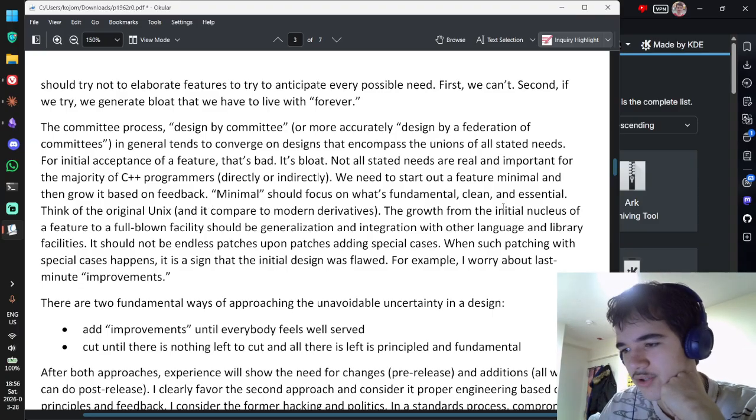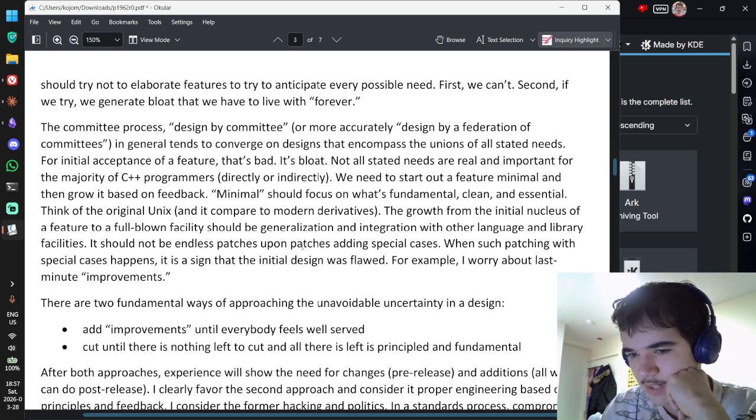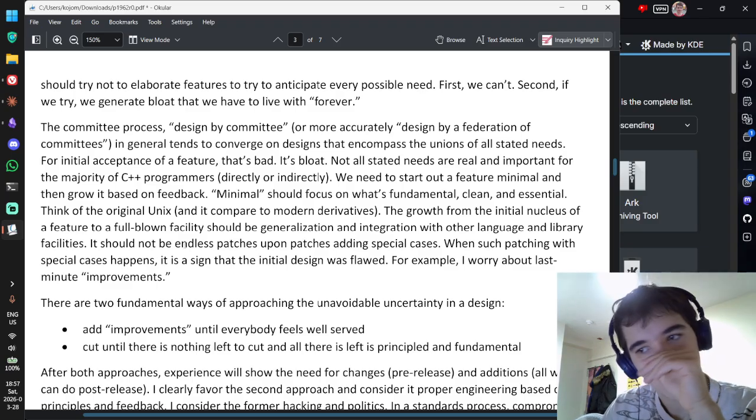The growth from the initial nucleus of a feature to a full-blown facility should be generalization and integration with other language and library facilities. It should not be endless patches upon patches adding special cases. When such patching with special cases happens, it is a sign that the initial design was flawed. For example, I worry about last-minute "improvements".